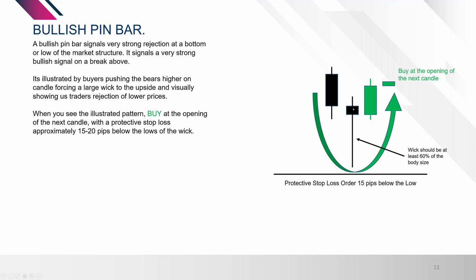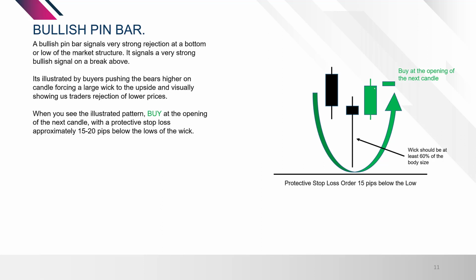But prior to the H4 closing price, the bulls pushed price all the way to the upside, thereby signifying to us that lower prices are being rejected. That's why you see here the market open and then rally to the upside.